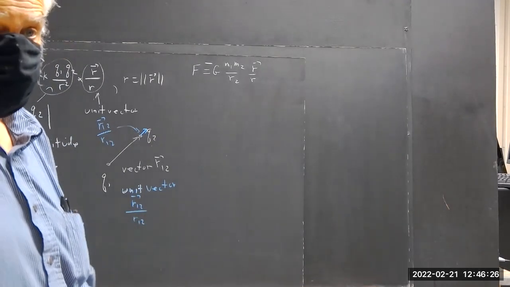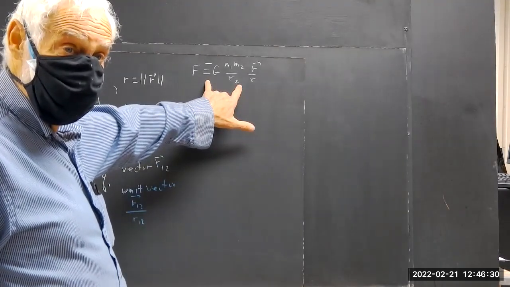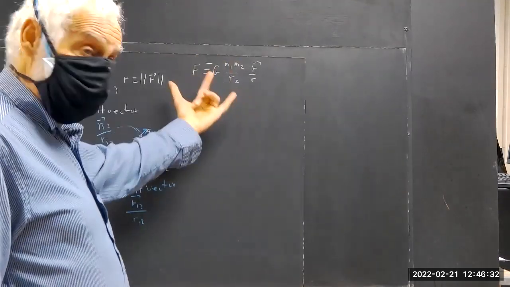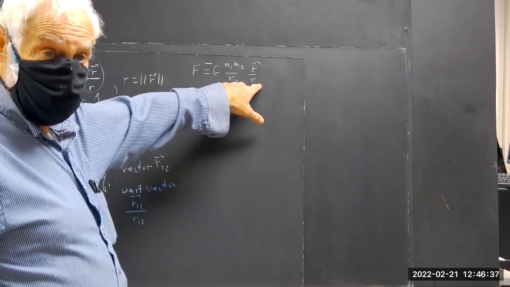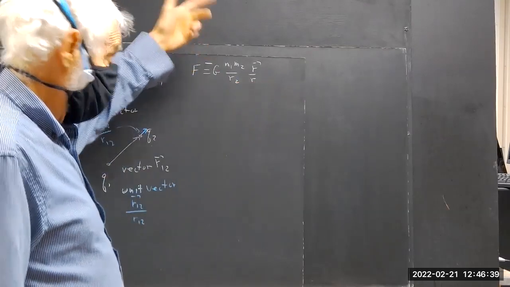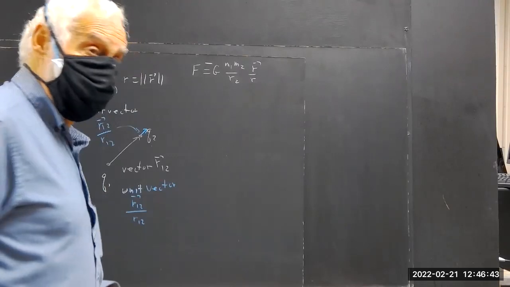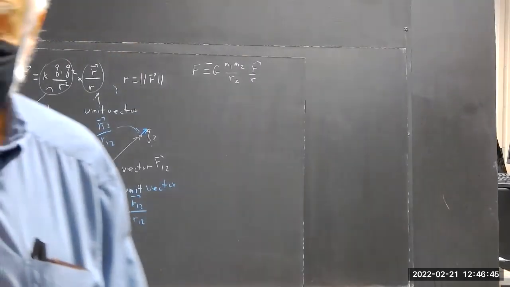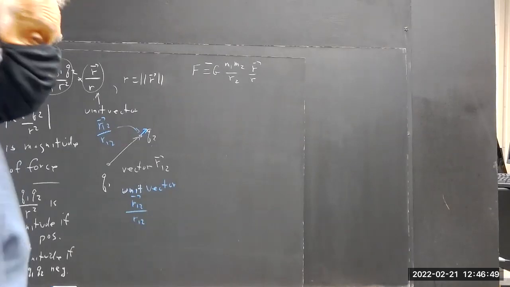Okay. In that case, this is the magnitude of the force, but you've got to reverse it. You've got to multiply it by the negative of the unit vector, basically, which gives you a negative sign. Okay. And I totally have to understand that in terms of what you understand about vector calculus and everything else.